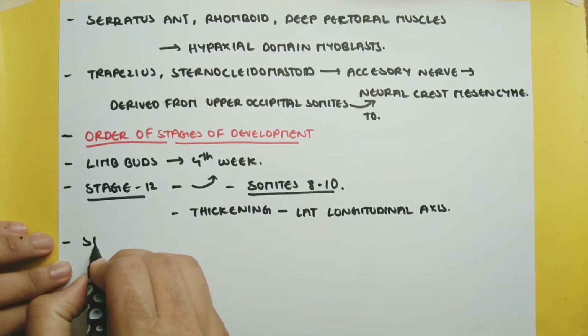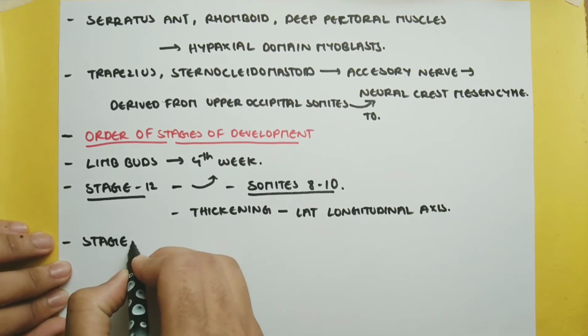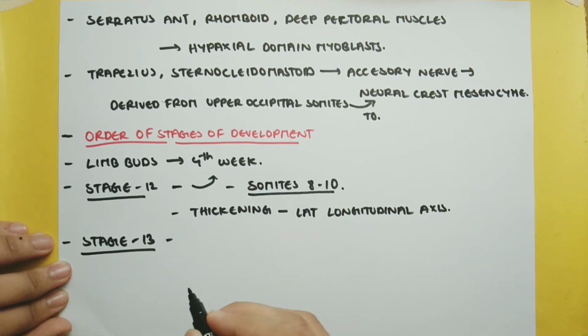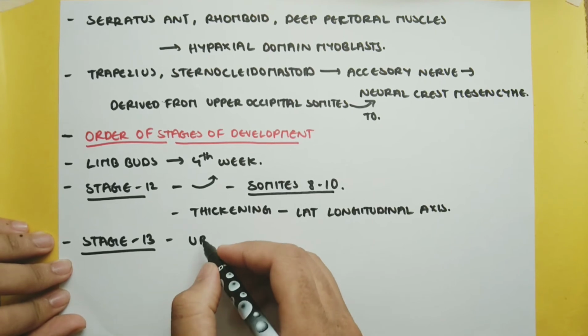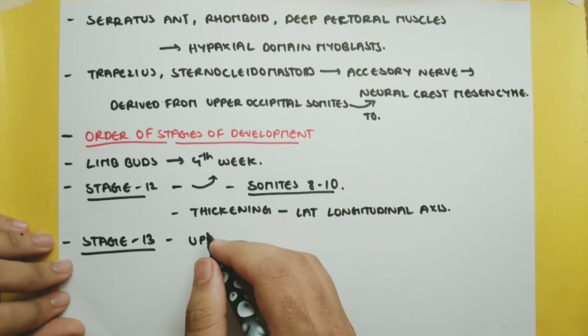Next comes stage 13. In stage 13, the upper limb bud is curved ventrally.